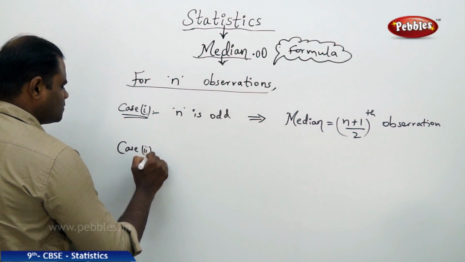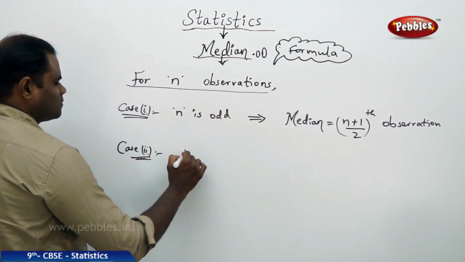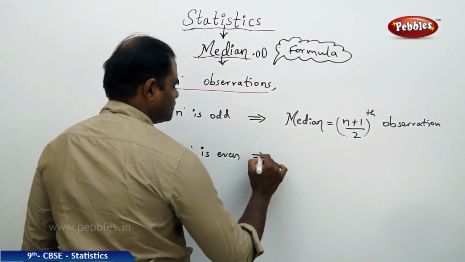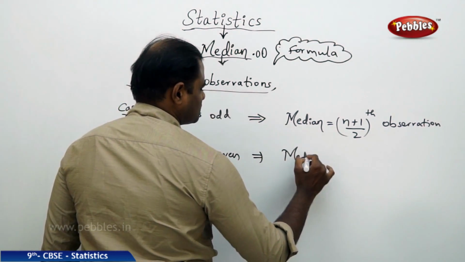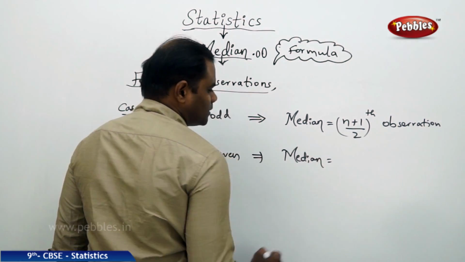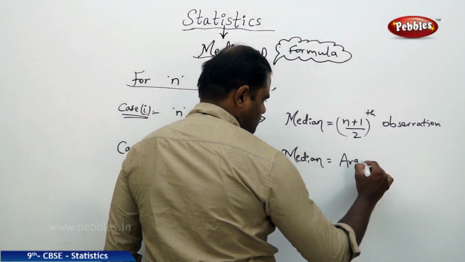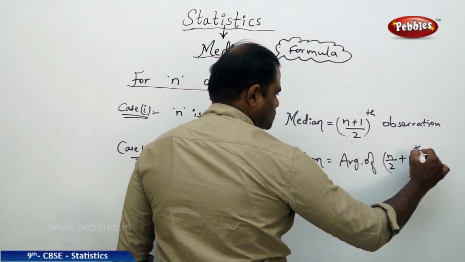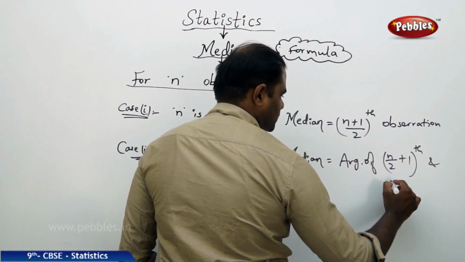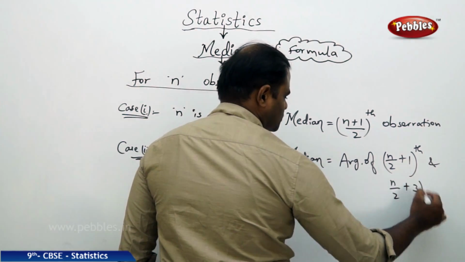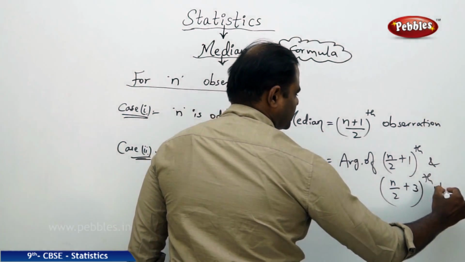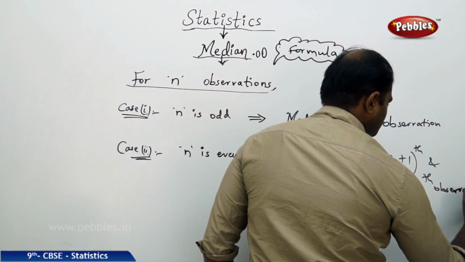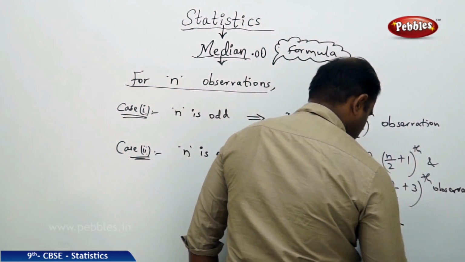Case 2, n is even, implies median is the average of the n by 2 plus 1th and n by 2 plus 3th observations.